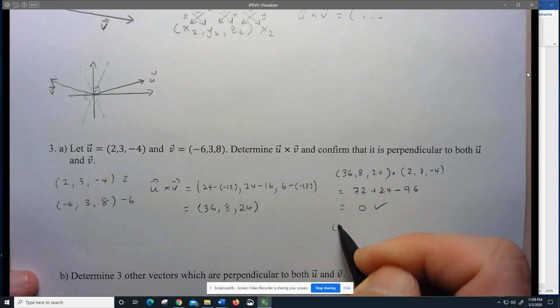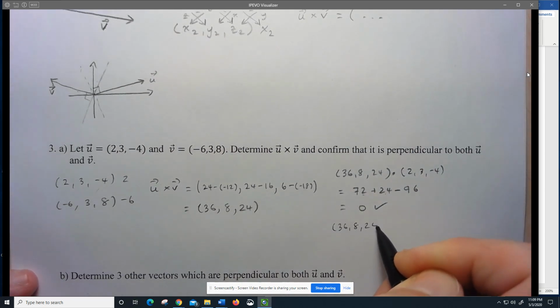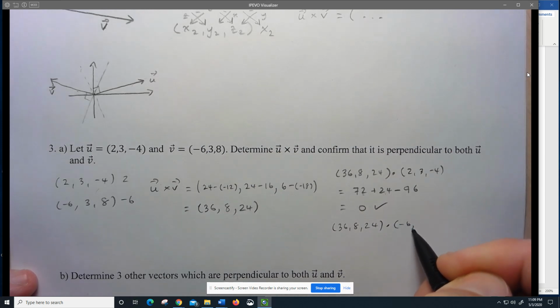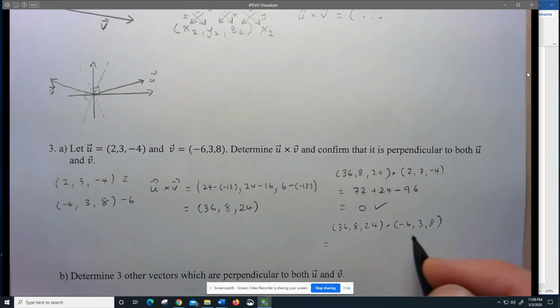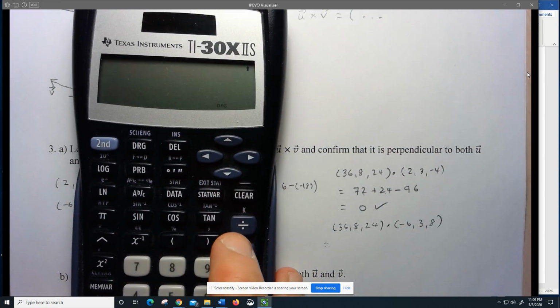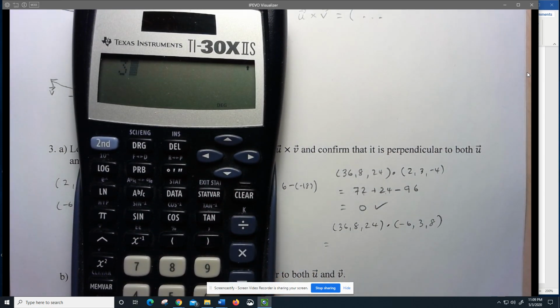Now let's test it with the next vector, -6, 3, 8. Okay, and here, the numbers are a little bigger, so I'm going to decide not to do that one in my head, and let me use my calculator here. So we have 36 times -6, plus 8 times 3, plus 24 times 8, and that's not equal to 0. So let me check that one again.